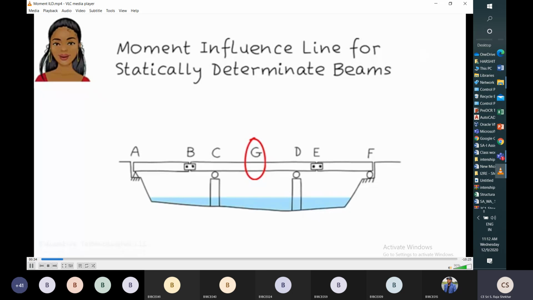Observe carefully. When a unit point load is moving from A to F, when the unit point load is between A and B, we see the variation of bending moment at G. When the unit point load is in the AB region, the bending moment at G is hogging bending moment, that is, negative bending moment.